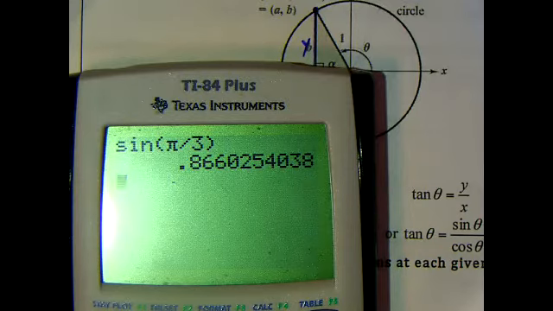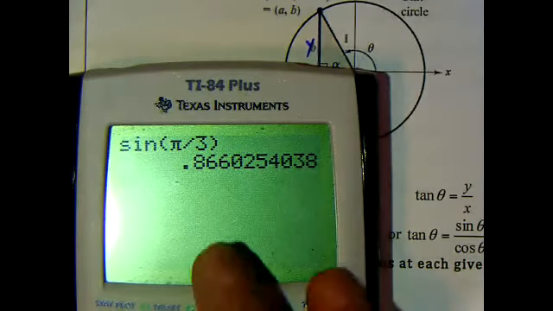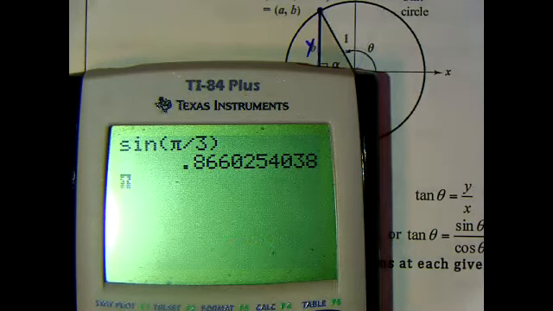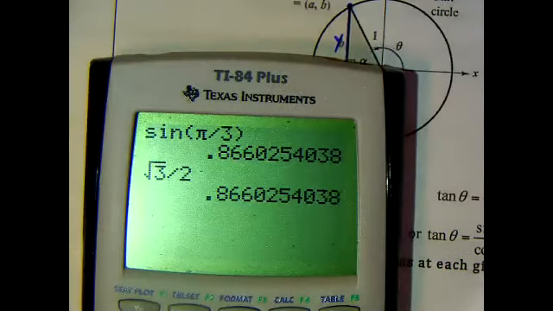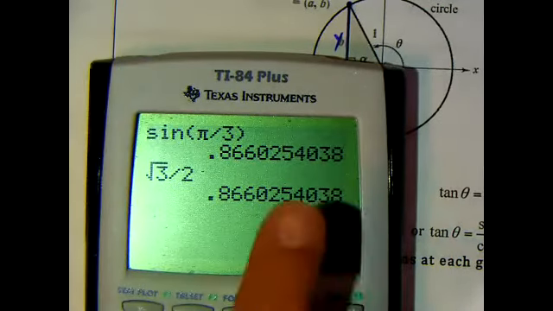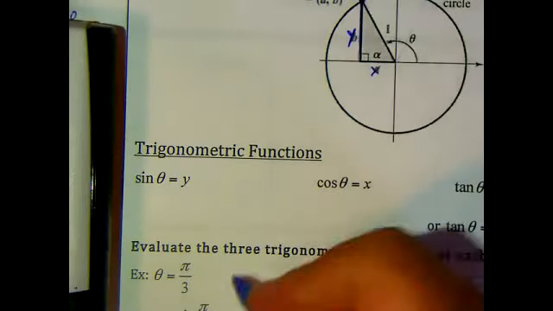But if I remember that in radians, I believe that is square root of 3 divided by 2. Yep, the same thing. So we have the square root of 3 divided by 2 here.